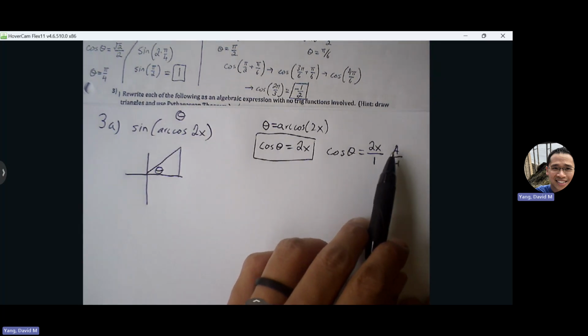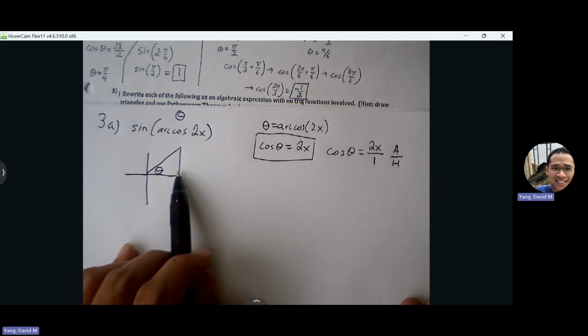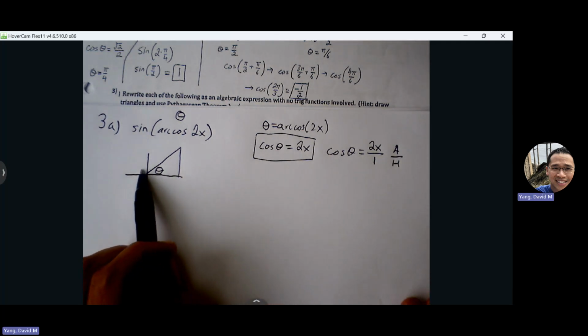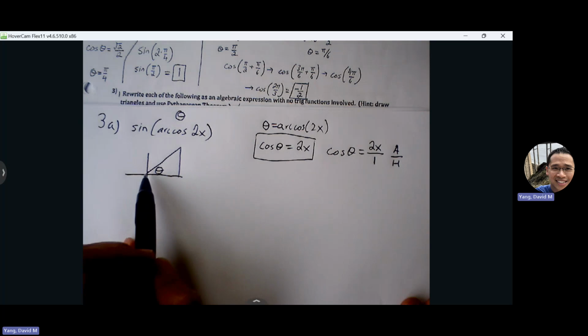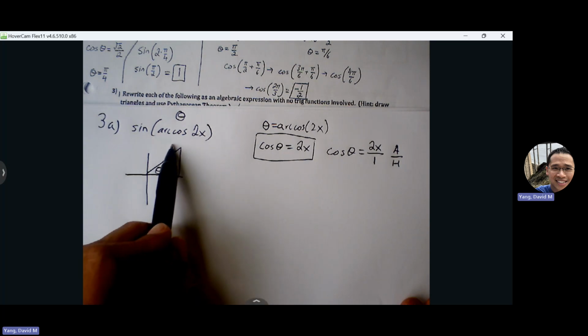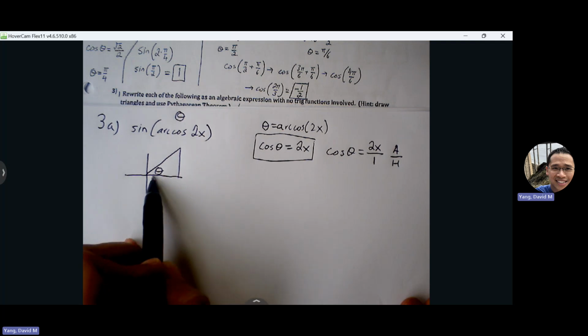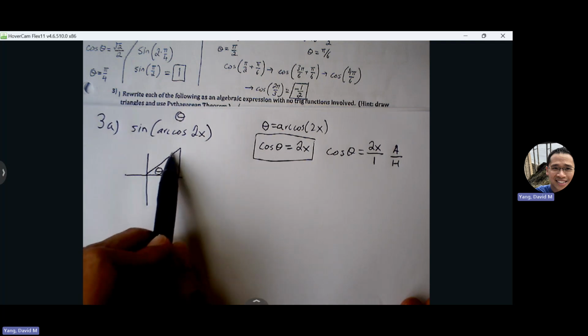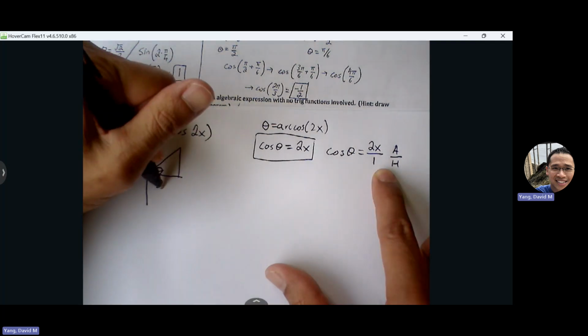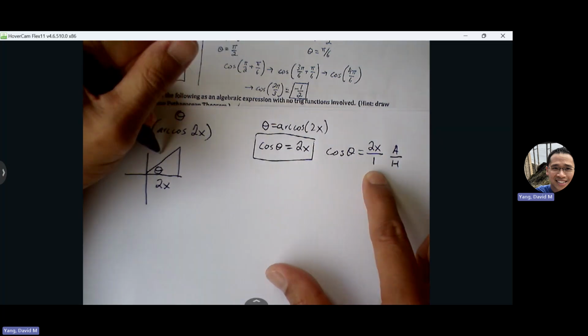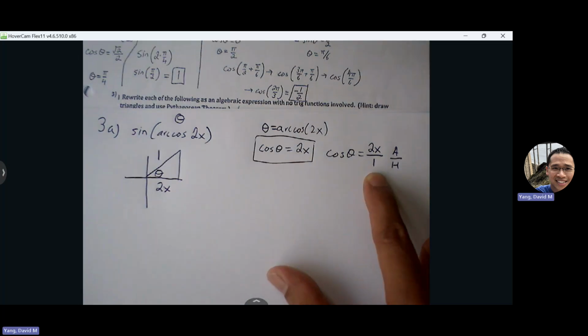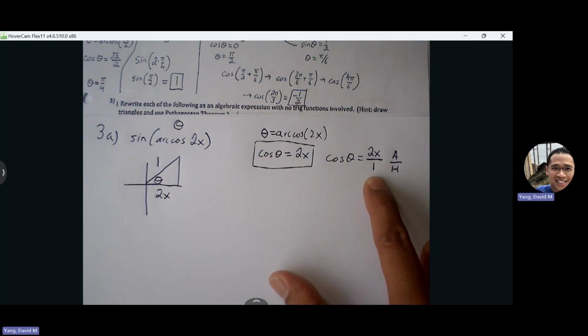So 2x can go where the adjacent side is, and you're always drawing your triangle from the origin to the hypotenuse. Okay, so 2x goes here, and 1 is the hypotenuse, so 1 goes here. All right, good so far.